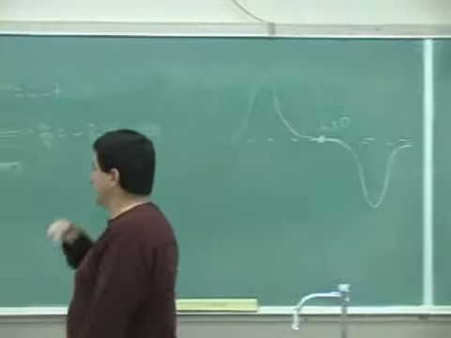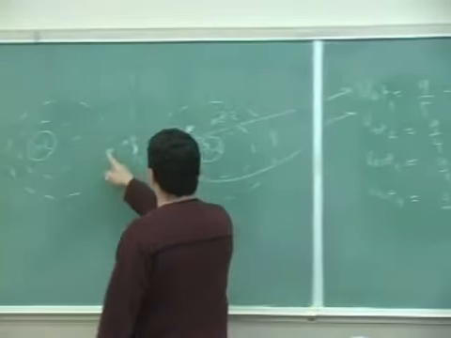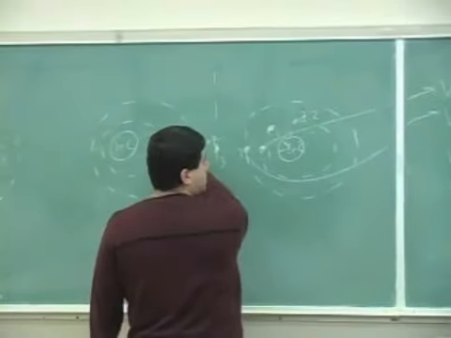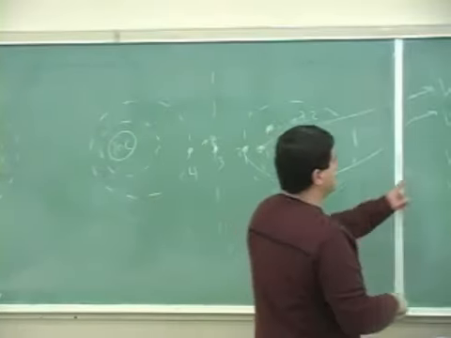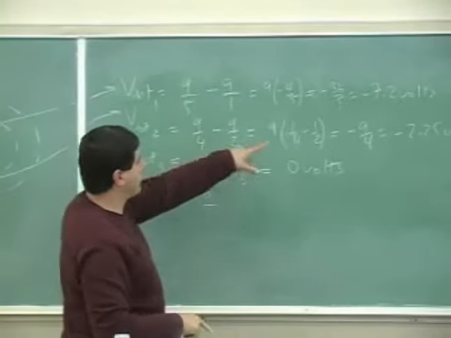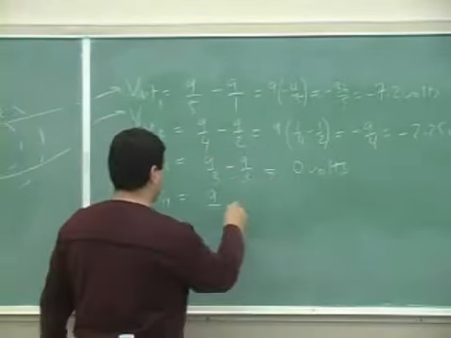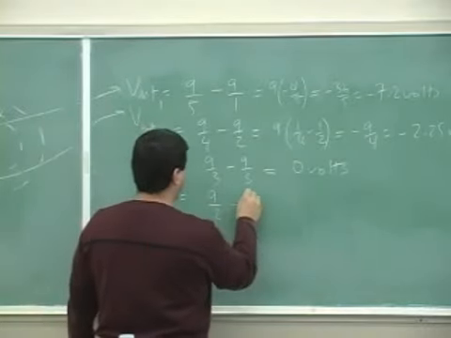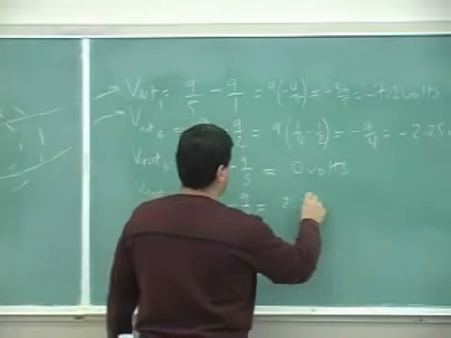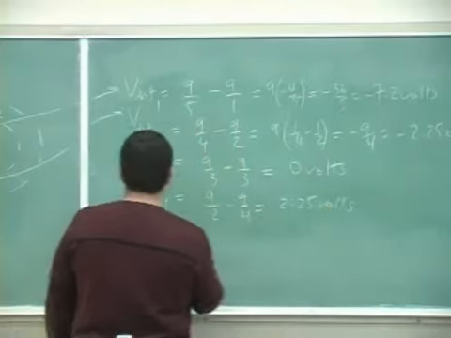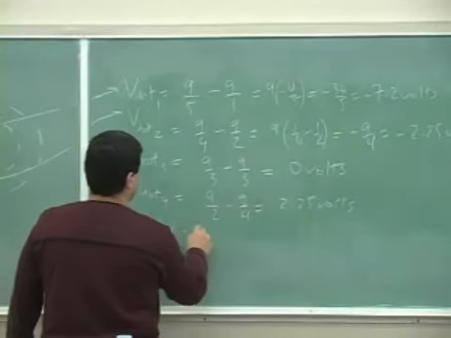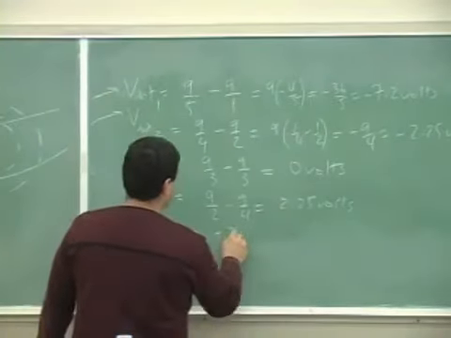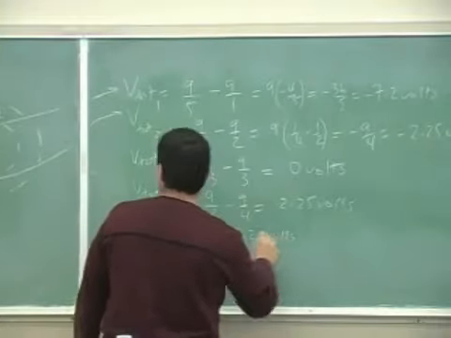You see? Okay, so V total over here is going to be 9 over 2 minus 9 over 4, so it should be 2.25 volts. And then V total 5 is going to be pretty much the opposite of that, 7.2 volts.